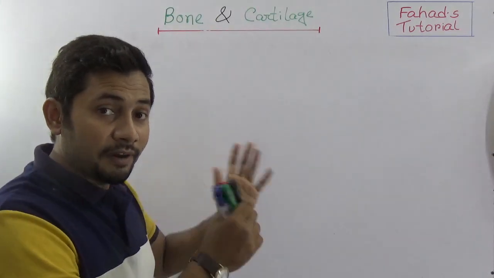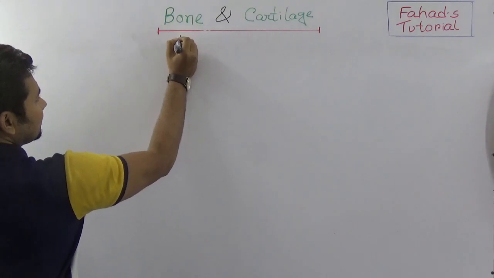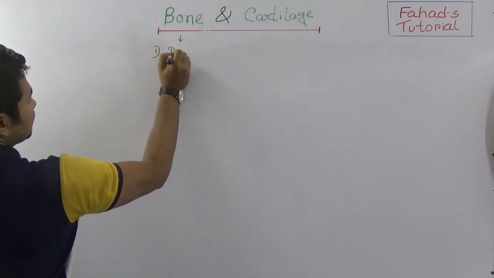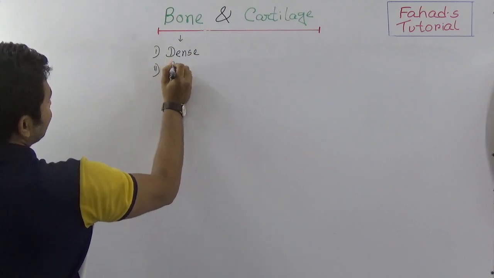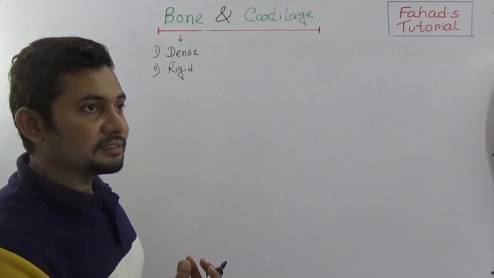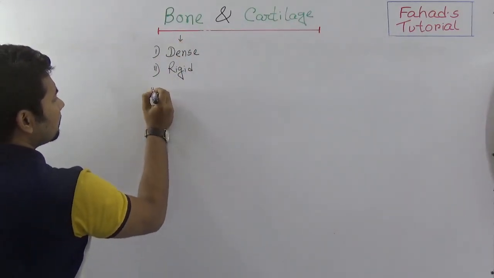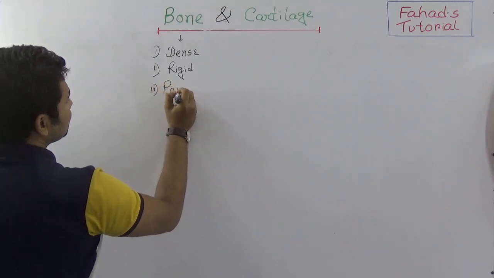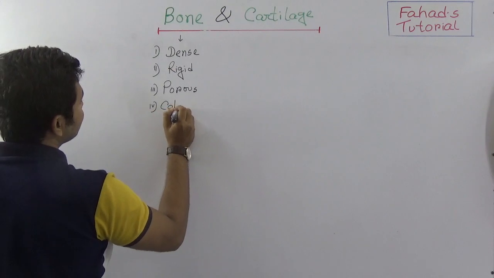Simply, if you want to define bone, we can say that bones are dense, rigid, porous and calcified.